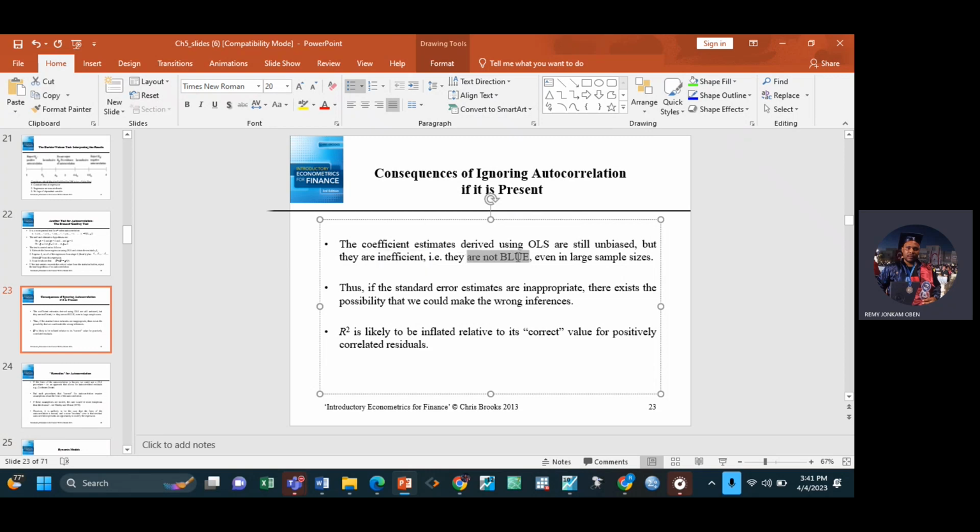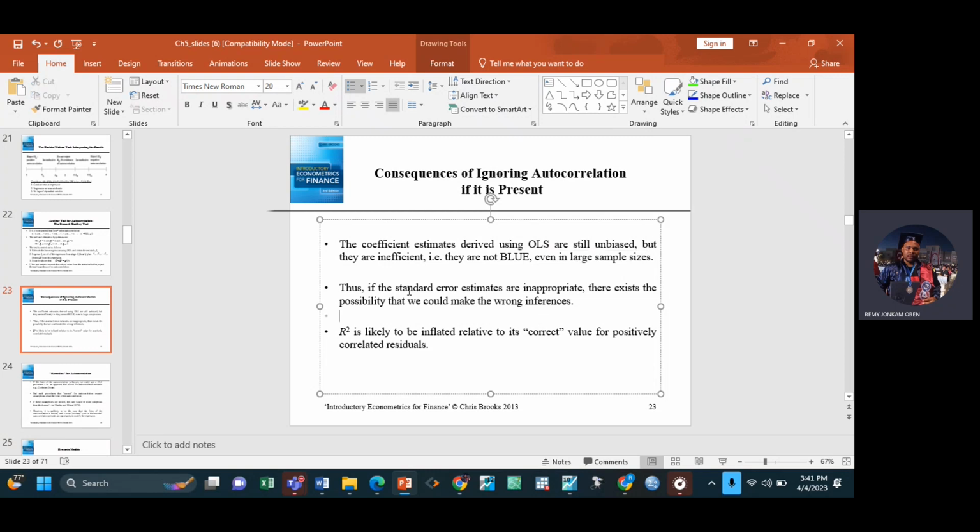Therefore, they are no longer BLUE. Even if you increase the sample size, it might make it consistent, but it is no longer efficient. It does not have the minimum variance.